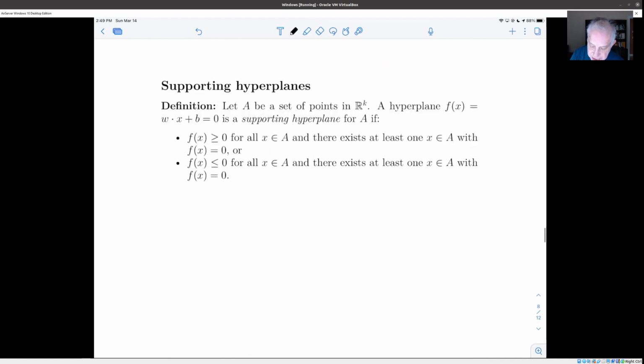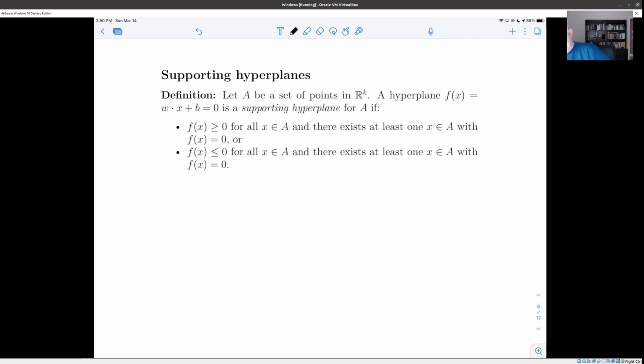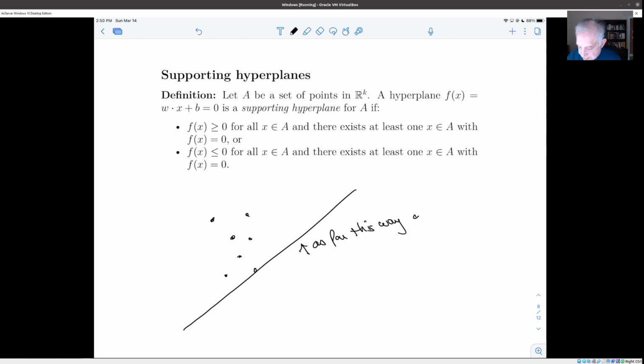So just to drive home this notation here, suppose you have a collection of points in R^k. Then a supporting hyperplane is a hyperplane which has the property that all of the points lie on one side of it, and at least one point lies on it. So it's as far this way as possible.